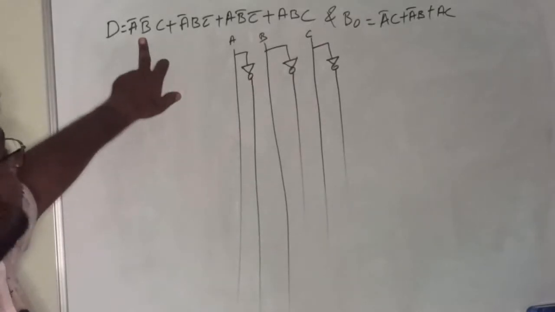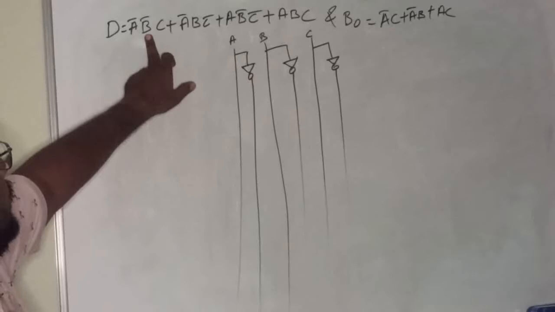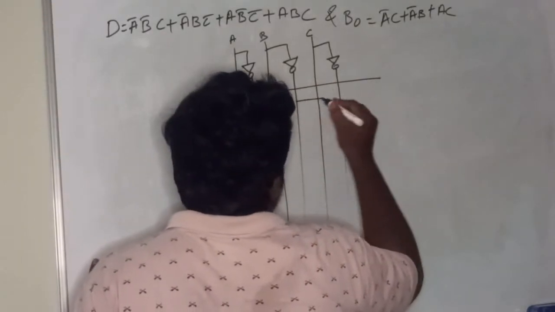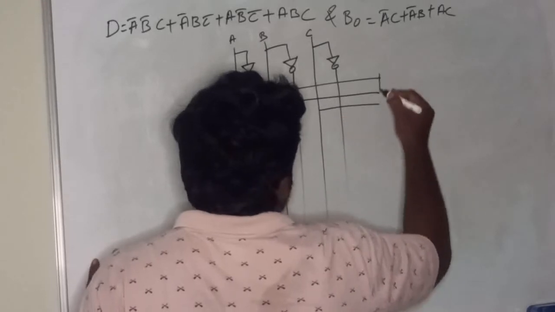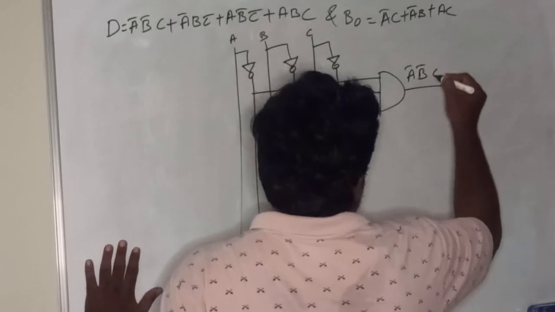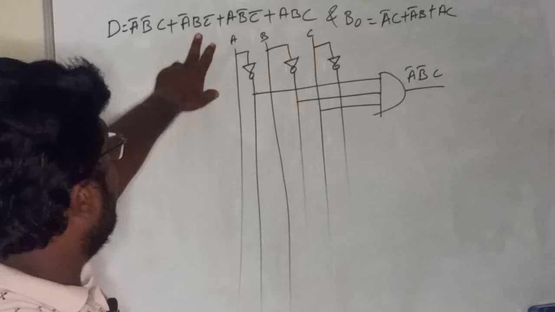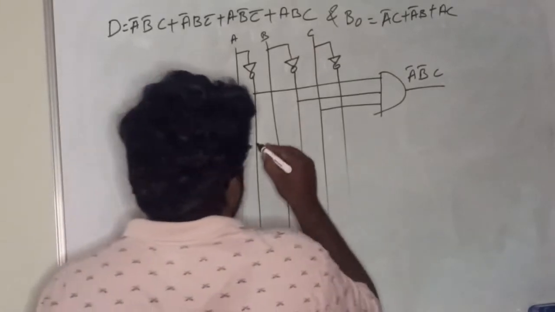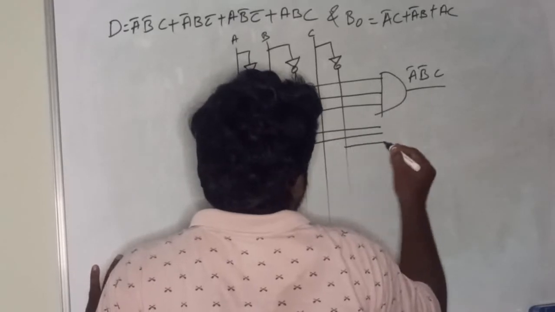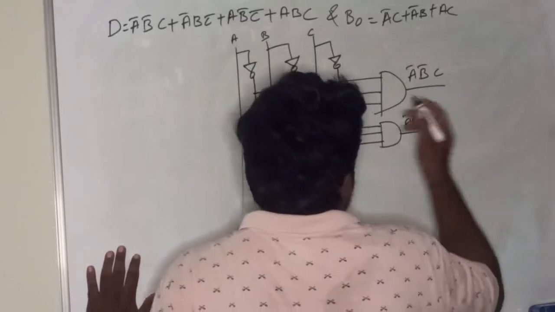So for the difference D, the first term is A complement B complement C. The next one is A complement B C complement.